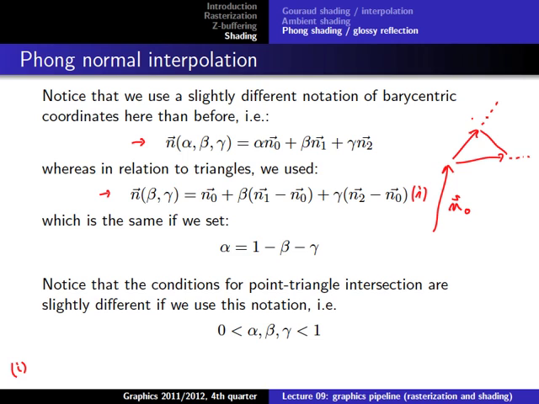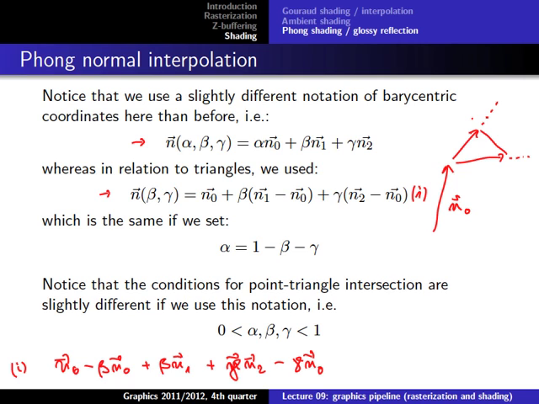If you write this down, you have n0 plus or minus beta n0 plus beta n1 plus gamma n2 minus gamma n0.